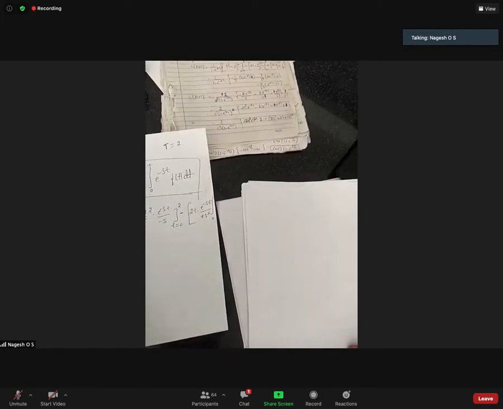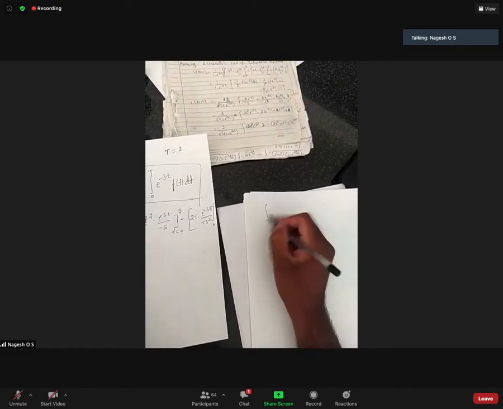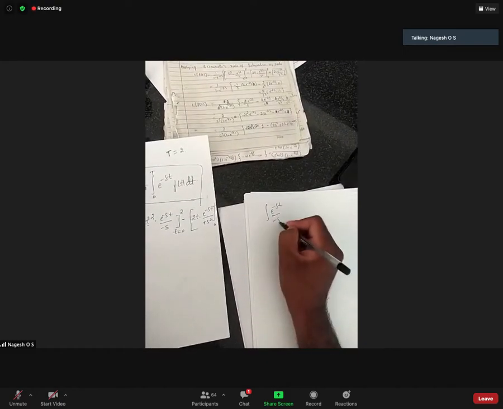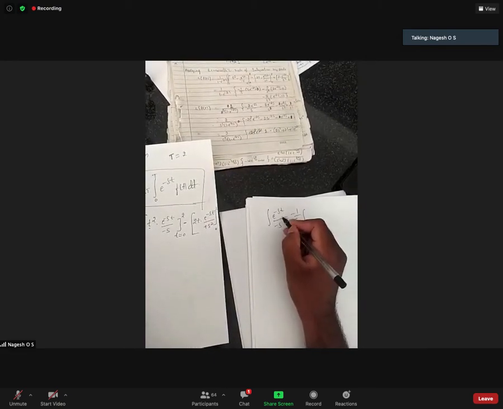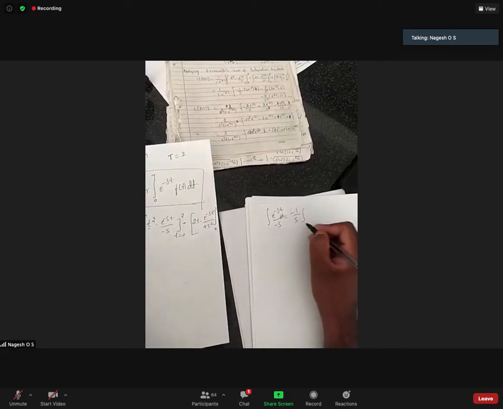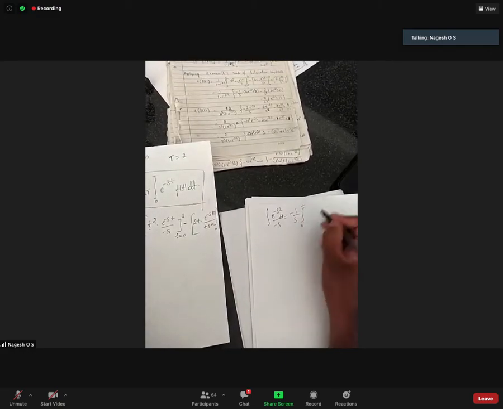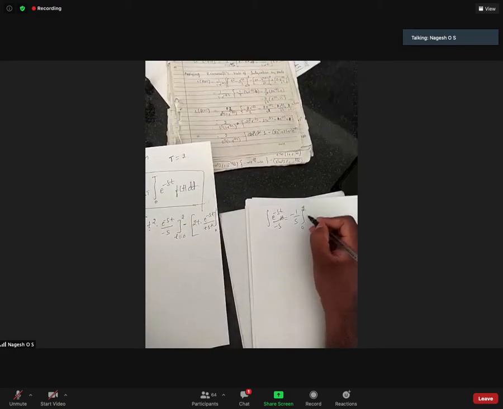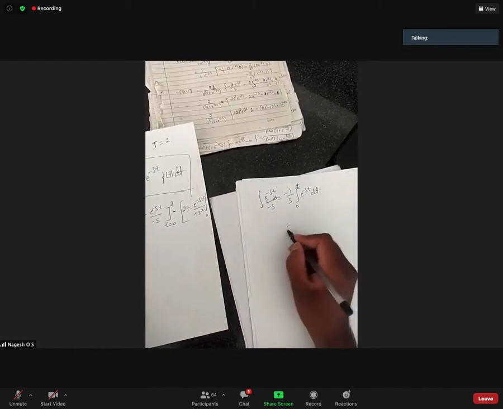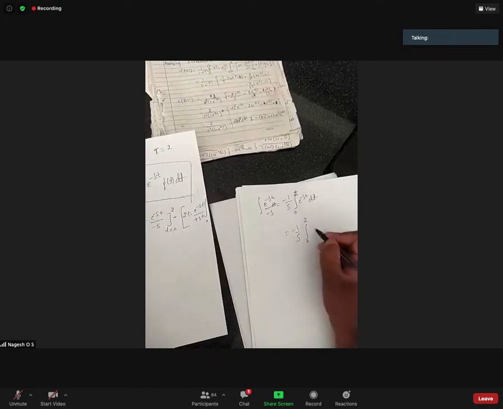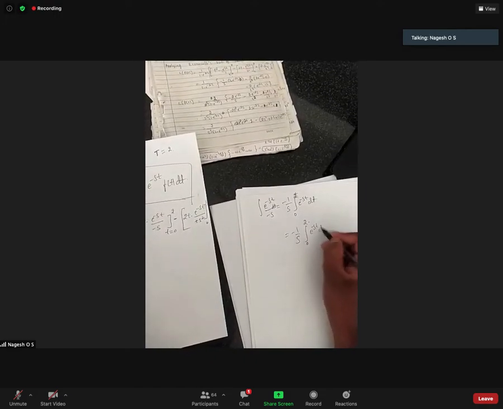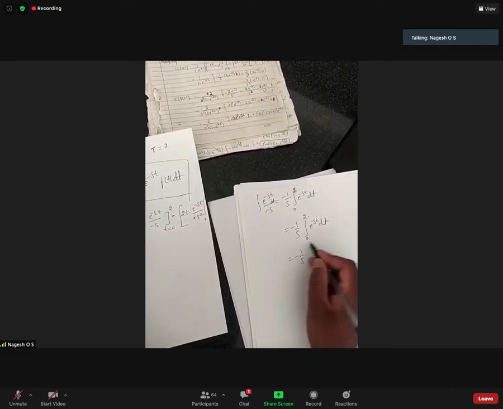I will write here. Somebody was asking. Integration of e power minus st by minus s will be equal to minus 1 by s outside. This is with respect to t. Minus 1 by s outside, 0 to 2 e power minus st dt. This is equal to minus 1 by s, as it is.